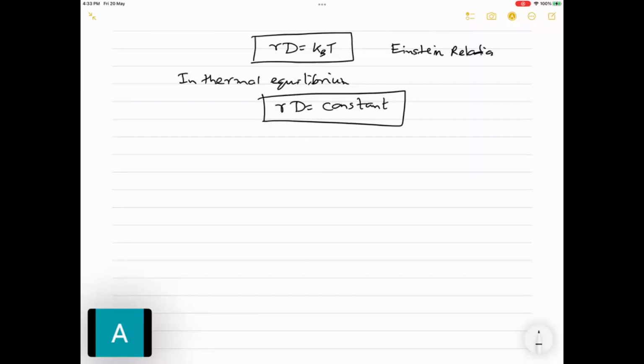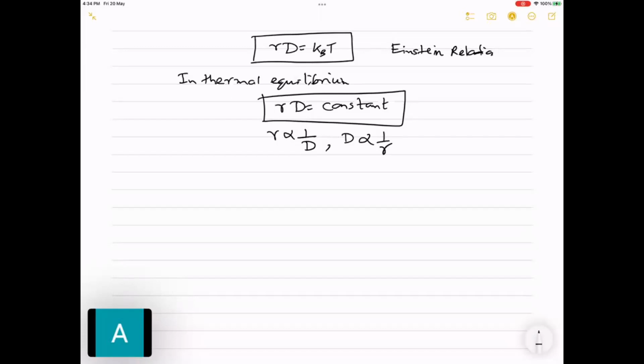So the Einstein relation tells you that in thermal equilibrium, the product of gamma and D is a constant quantity, and therefore gamma and D are related to one another by an inverse relation. In thermal equilibrium, the drag and diffusion try to balance one another.